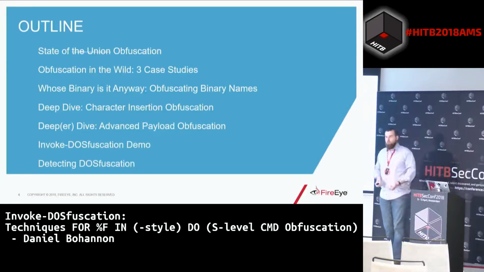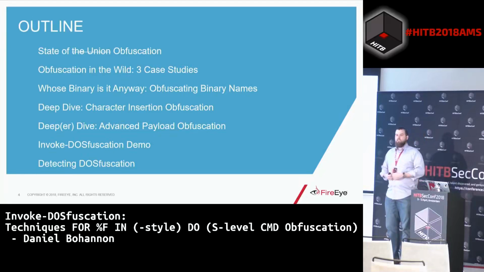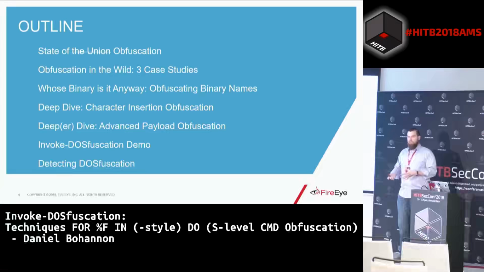So, post-lunch, how do we keep the energy high? What are we going to be talking about? I'm going to start with a high-level overview of the state of obfuscation today, and then we're going to dive right in and look at 3 case studies from this past year of obfuscation in the wild by some pretty interesting threat groups. These 3 case studies are really what drove me down this road of research. Then we're going to look at obfuscating legitimate binary names on the command line.